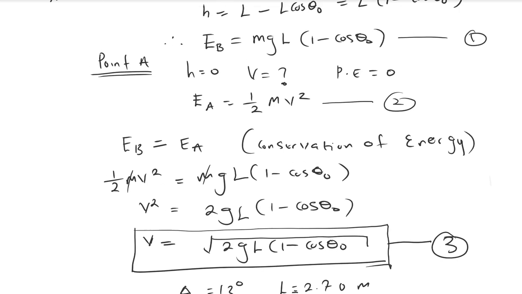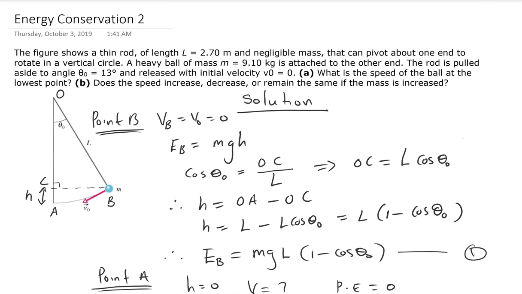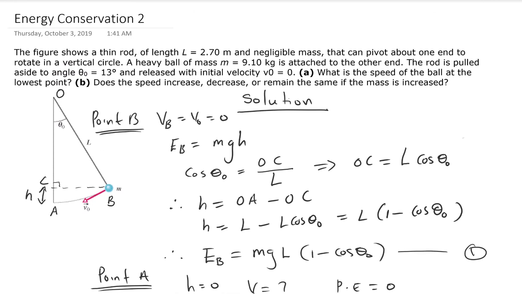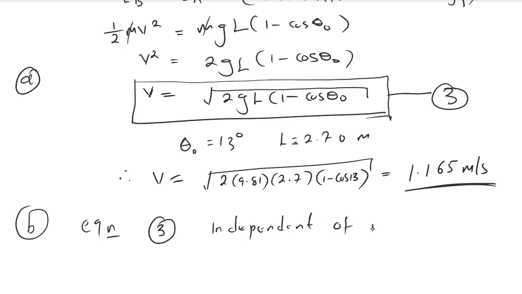Now, this is the solution for question A. Question B is asking if the speed is going to increase, decrease, or remain the same if the mass is increased. Just look at equation 3. Equation 3 gives us the velocity at the lowest point and is independent of mass.